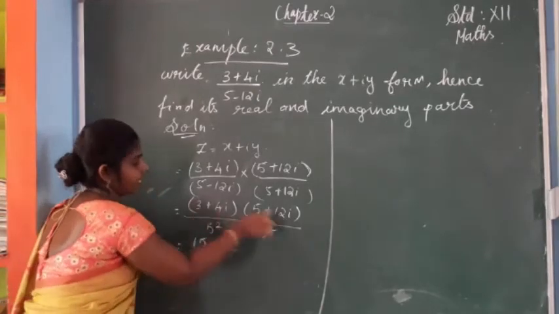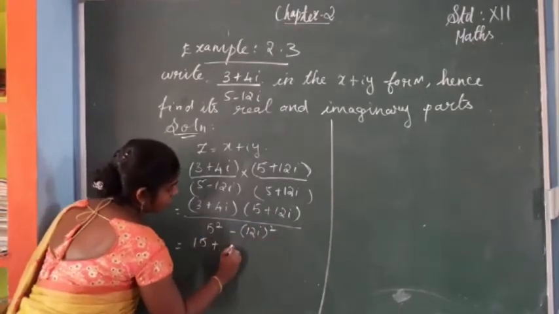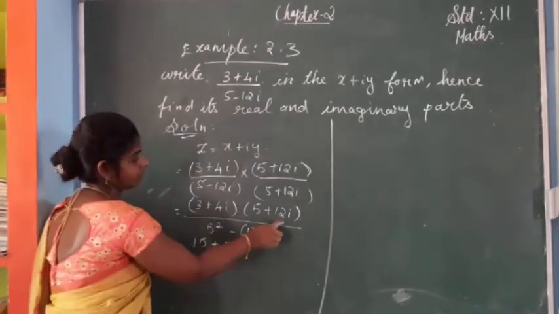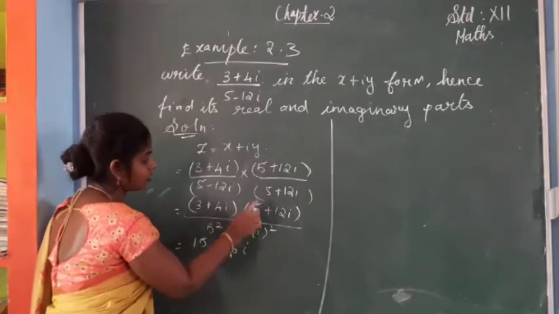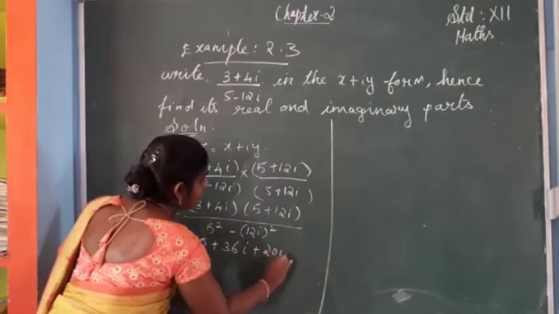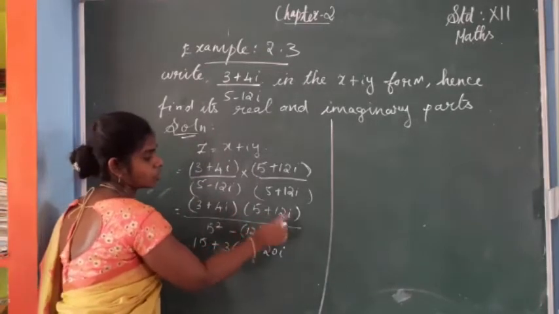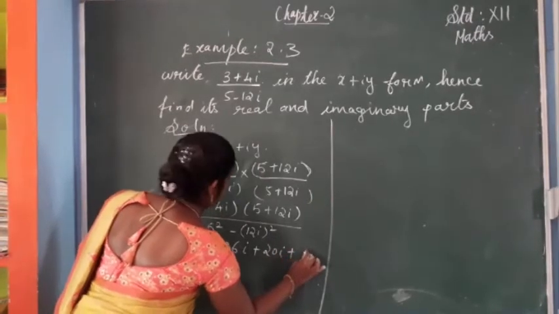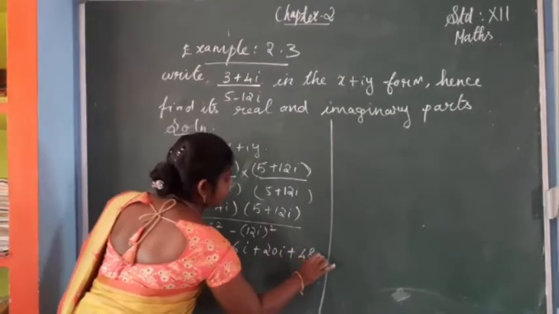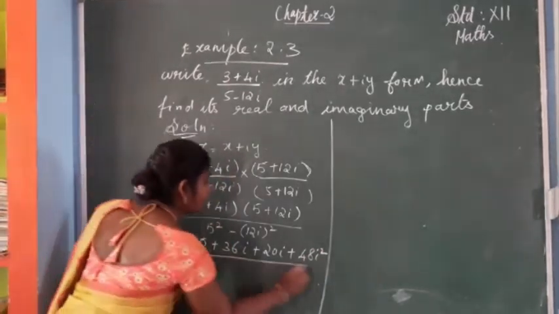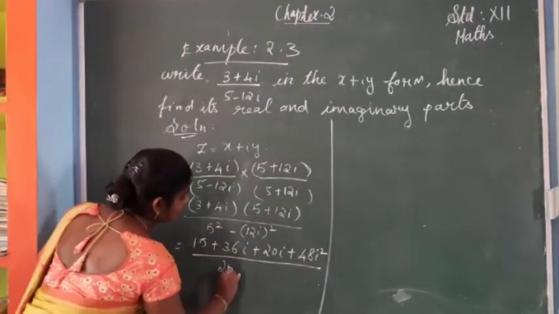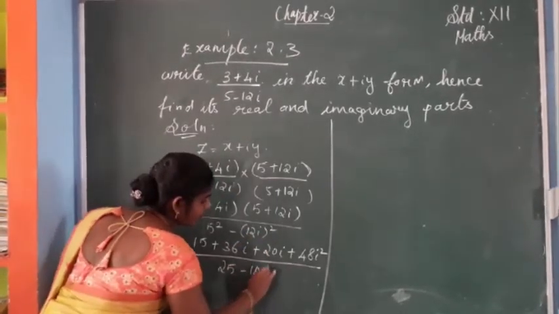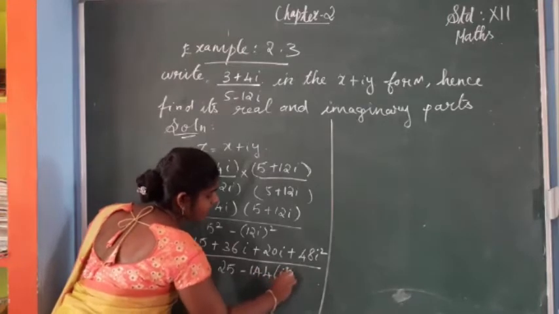Multiply this term, product: 3 into 5 is 15, plus 3 into 12i is 36i, then 4i into 5 is 20i, then plus 4i into 12i, the value is 48i square, divided by 5 square, the value is 25, minus 12 square, the value is 144 into i square.